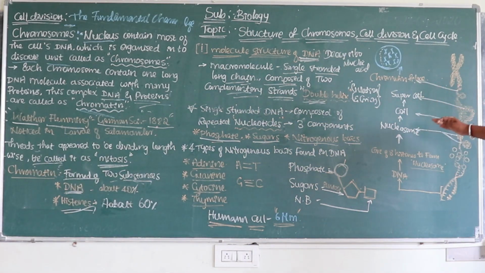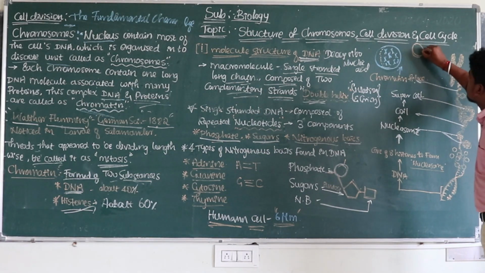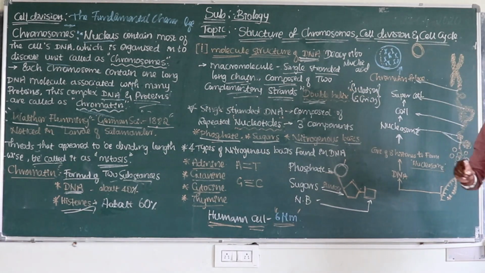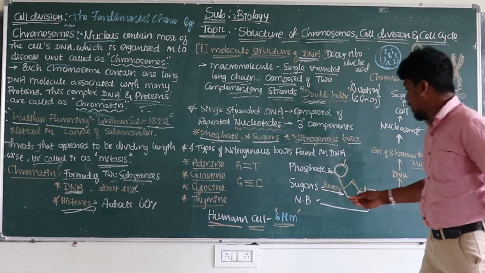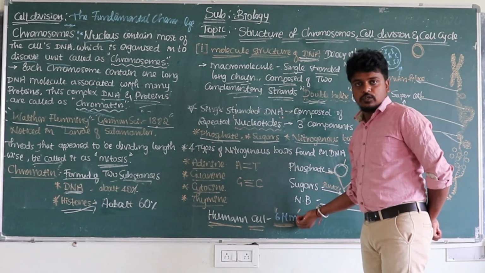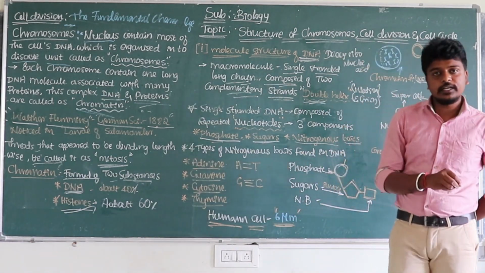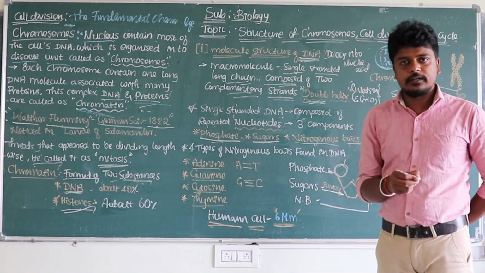Have a look at the structure of this one, how it forms from the single cell to the nucleus, the chromosomes and all the structure. Let us start. In human cells, the nucleus is about 6 micrometers. So in order to fit inside the nucleus, the DNA has to be condensed, coiled and supercoiled.